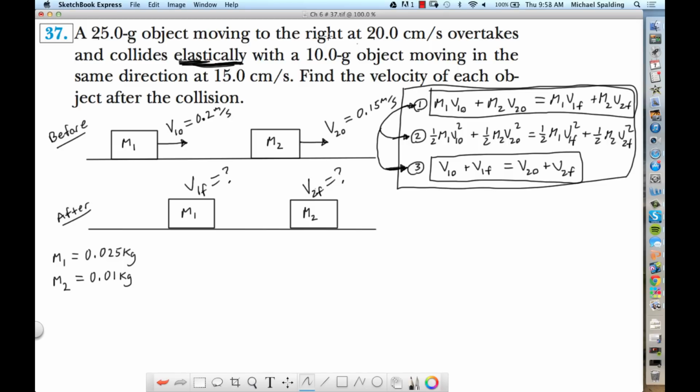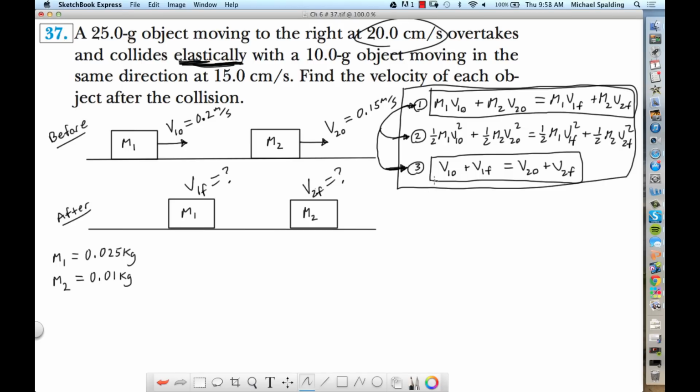But I found over the years, kids can be very easily confused about when it has to be meters, when it has to be centimeters, grams, kilograms. In general, you want to be in kilograms and in meters. So what I did, I solved this problem, I converted that into meters, and I put the masses into kilograms.